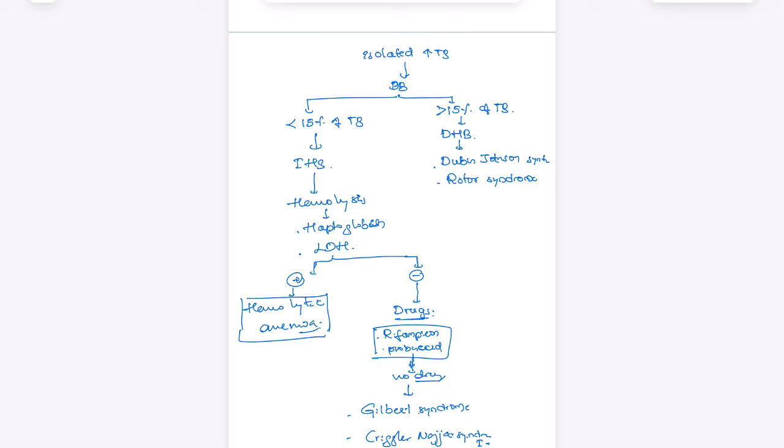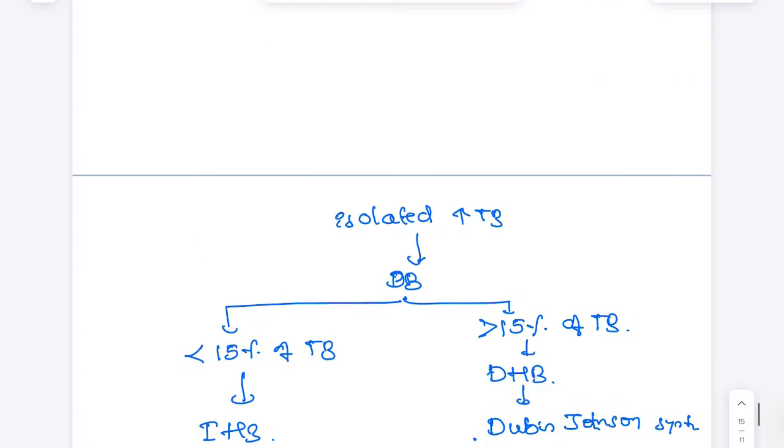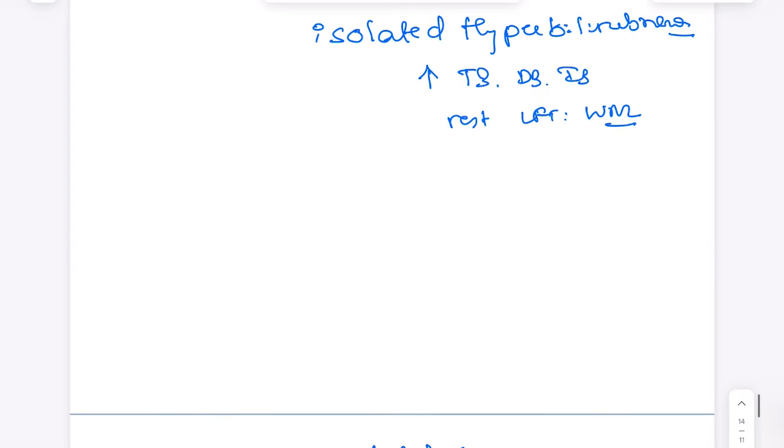This is the discussion related to bilirubin. One more thing that I want to discuss here is that normally bilirubin is not found in urine. If you get bilirubin in urine, that means dark colored urine, and you are dealing with conjugated, that is direct, hyperbilirubinemia.